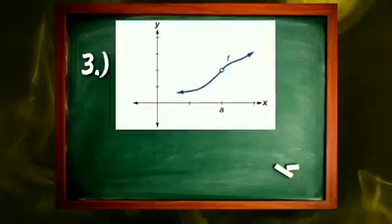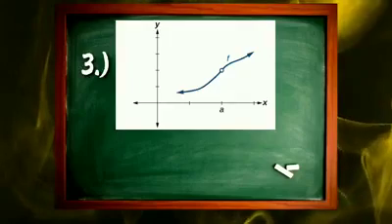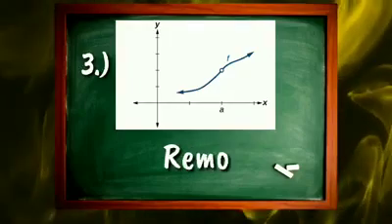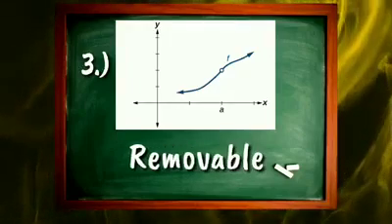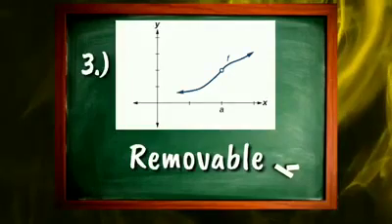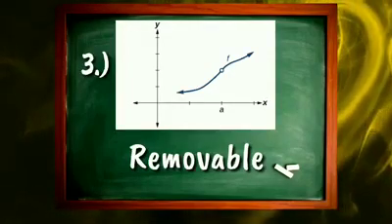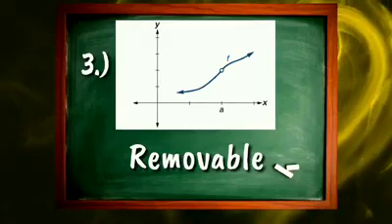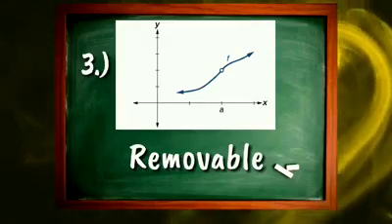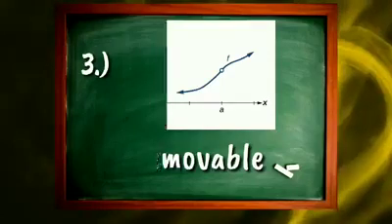This graph has limits on both sides, but the point is hollow, which means that the value of f of a does not exist, or the limit of f of x as x approaches a is not equal to the value of f of a, so this graph is a removable type of discontinuity.